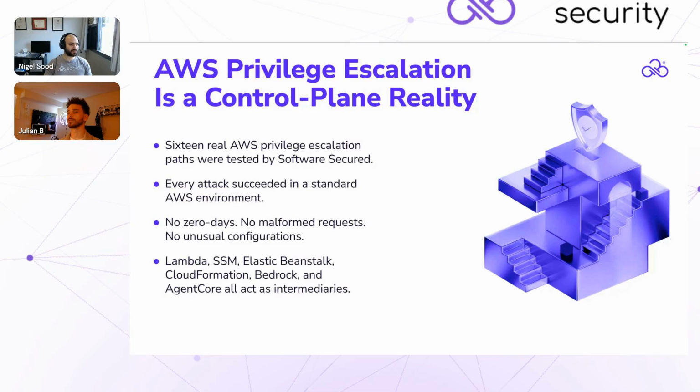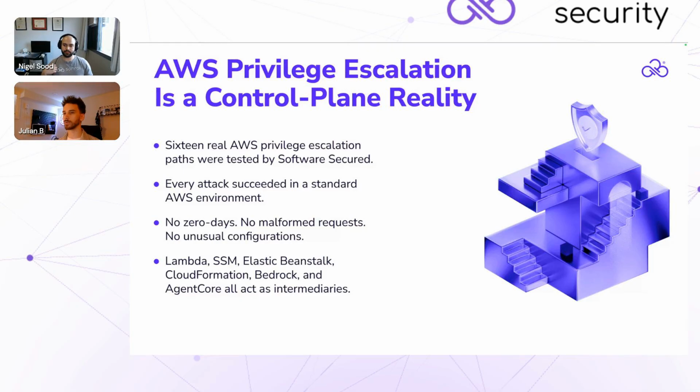Yeah, thank you very much, Nigel. Like you had said, Nigel, late last year, Software Secured paired up with Sonrai to look at 16 different privilege escalation paths. And as part of this research, we tested each one in a normal AWS environment, looking at things like Lambda, SSM, Elastic Beanstalk, CloudFormation, and most topical and interesting for today, Bedrock and Agent Core, all as different paths to escalating privileges.